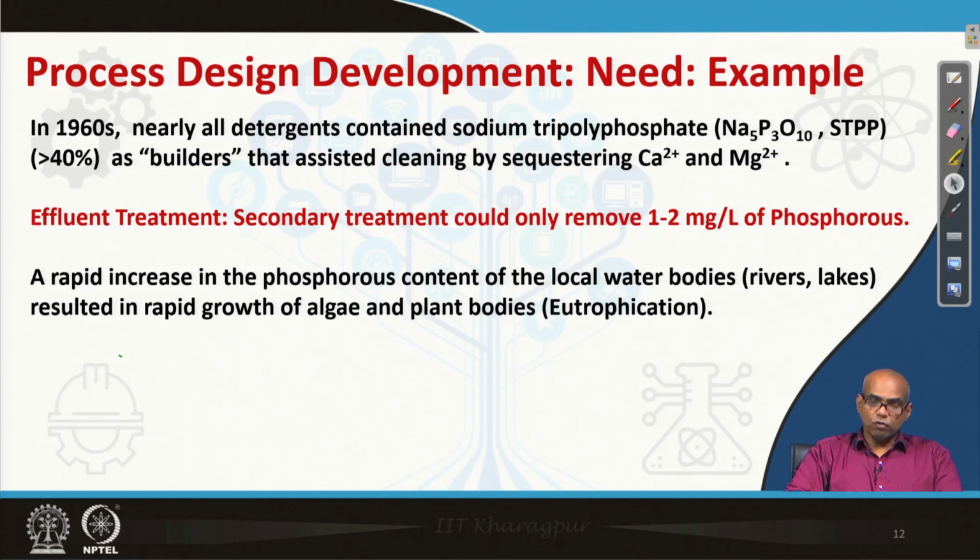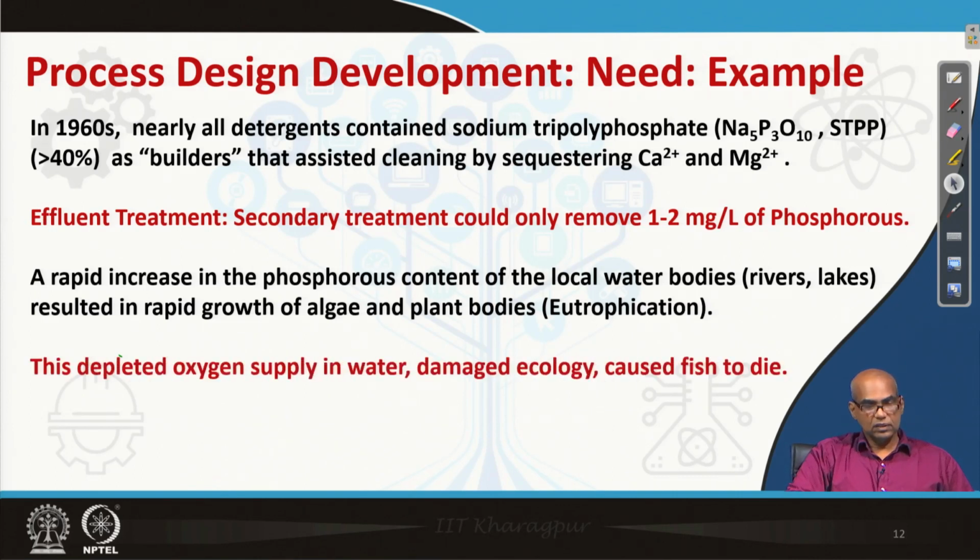So, a rapid increase in the phosphorus content of the local water bodies, rivers, lakes, etc., resulted in rapid growth of algae and plant bodies. This depleted the oxygen supply in water, damaged ecology and caused fish to die. The growth of algae and plant bodies was so thick that even sunlight could not enter and the plant bodies also died.